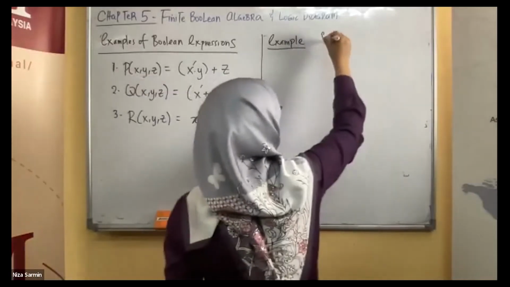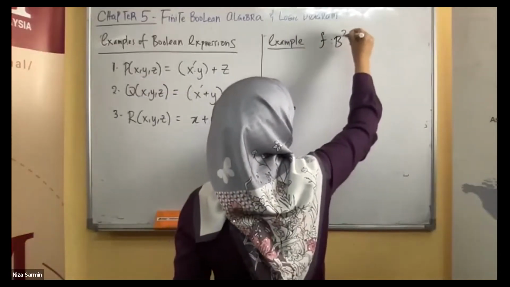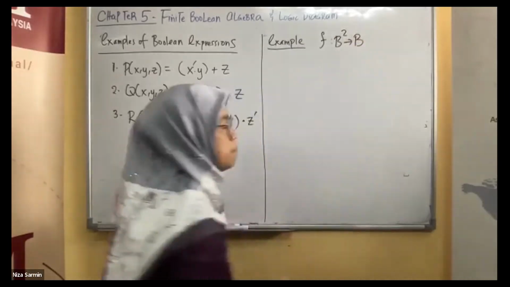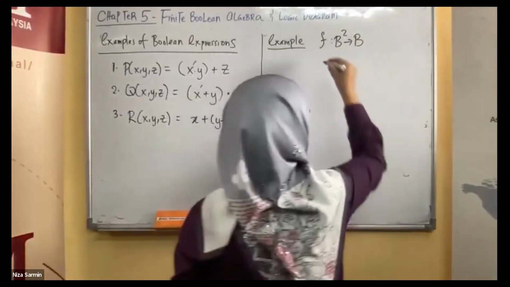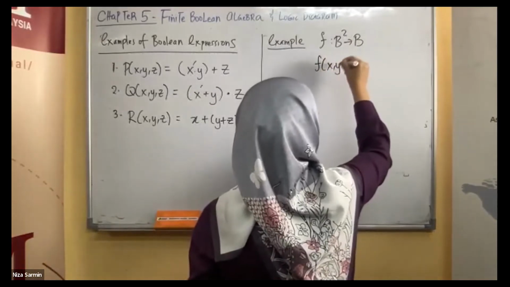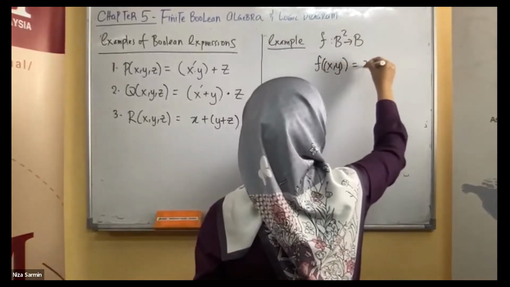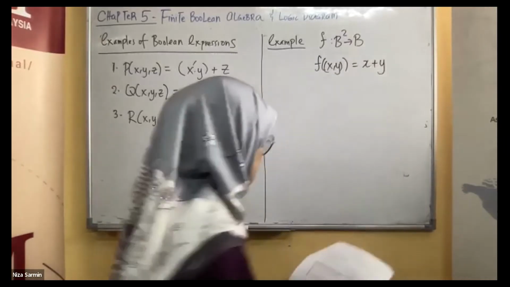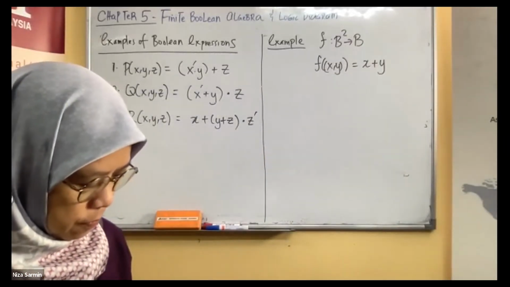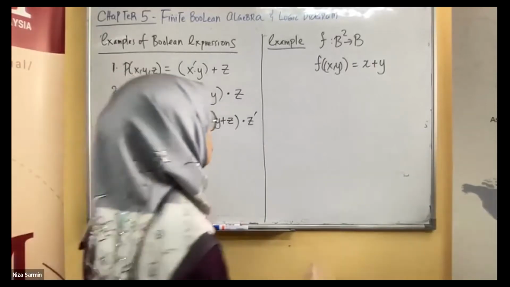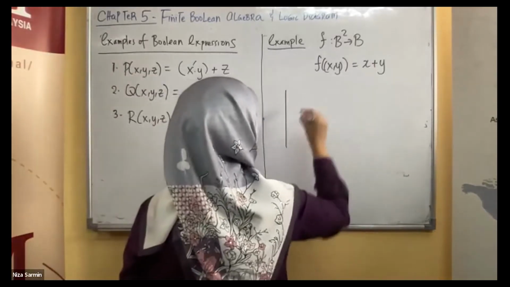F from B squared to B. F of xy is x plus y. So just now we have seen this, right?